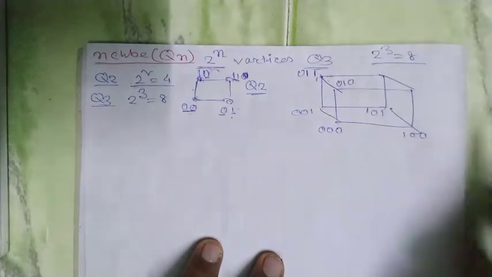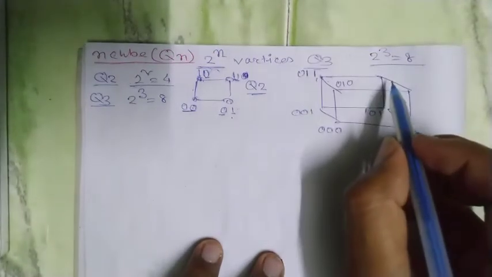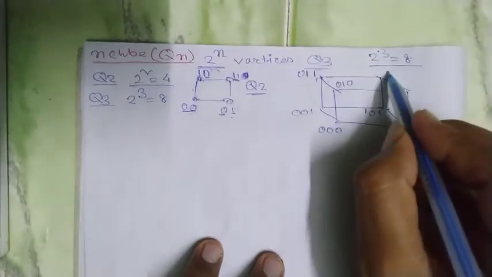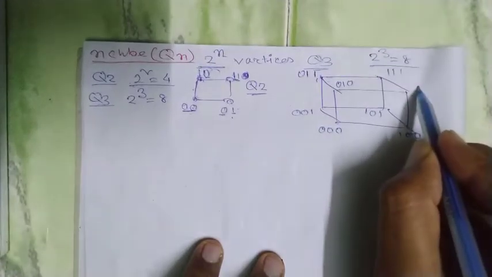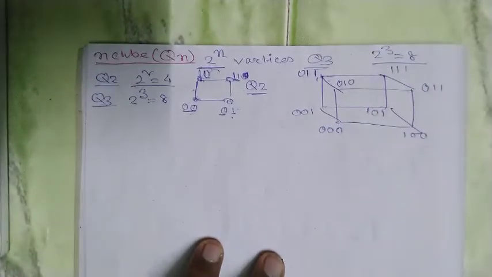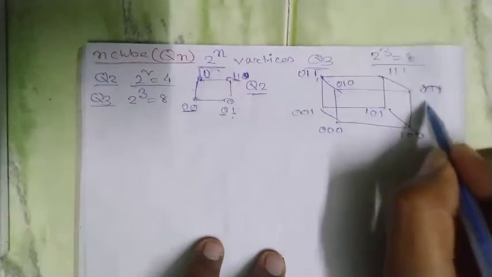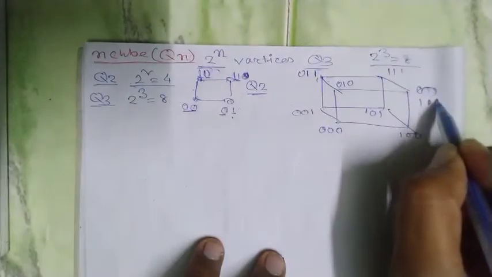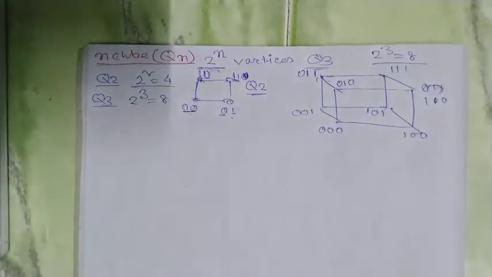101, and this we can write as 111 and 011, okay. I think this, sorry, 10110, I think this much is okay.